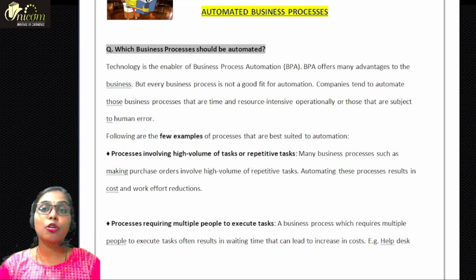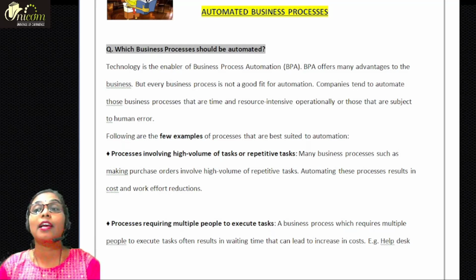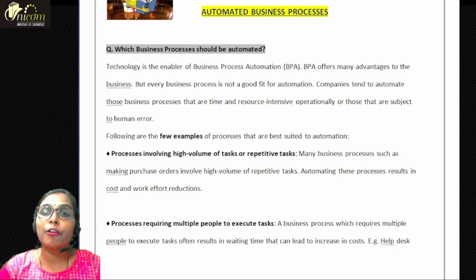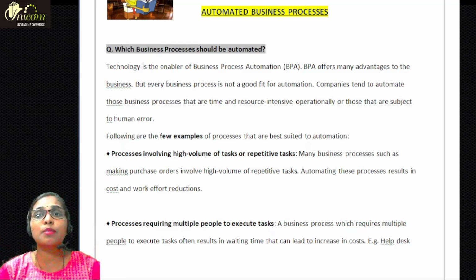Okay, so you can just make a note that automation can be applied in different processes. For example, you are in a big organization like a rice mill or a manufacturing unit.